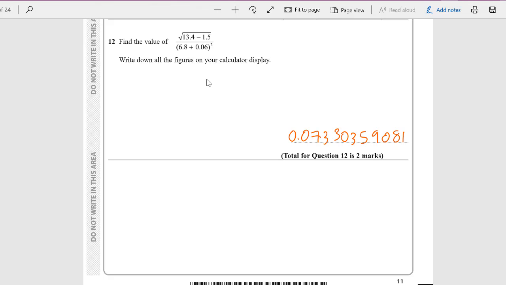So remember, the trick here isn't writing down the answer you get in the calculator, but making sure that you've pressed the right buttons into the calculator first. So what you would do is, let's say the numerator, you'd put in 13.4 minus 1.5 squared, and then you'd divide that by 6.8 plus 0.06 squared. I'm going to put that in its own brackets, and then you would get the answer.